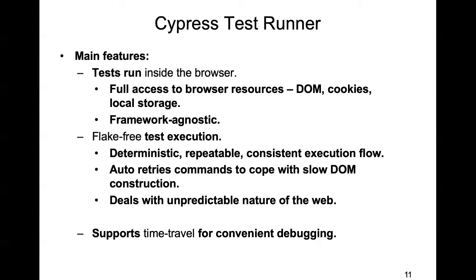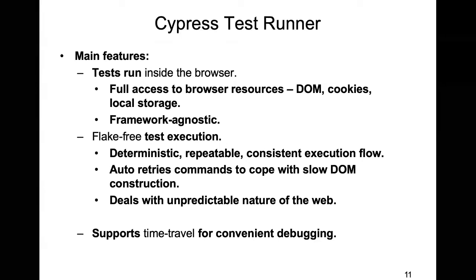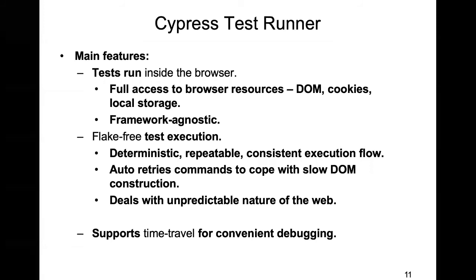And so Cypress tries to make your tests as deterministic and repeatable and consistent as possible, so that every time you run your tests, you get the exact same result. That wasn't always the case with Selenium, for example, which was the precursor to Cypress. So we'll see a little bit later on how it tries to minimize the unpredictability and non-repeatability of your testing execution.